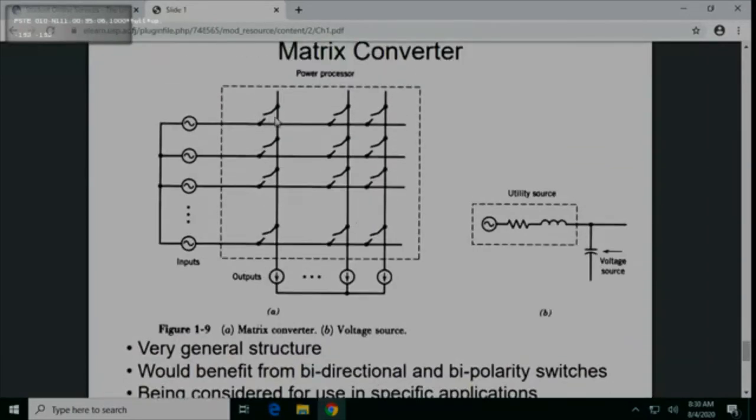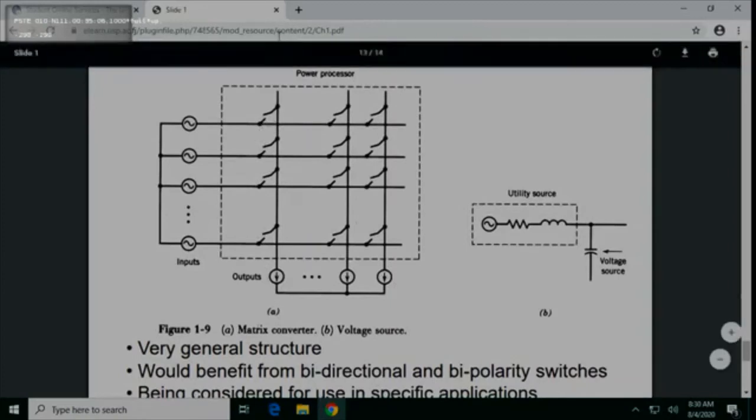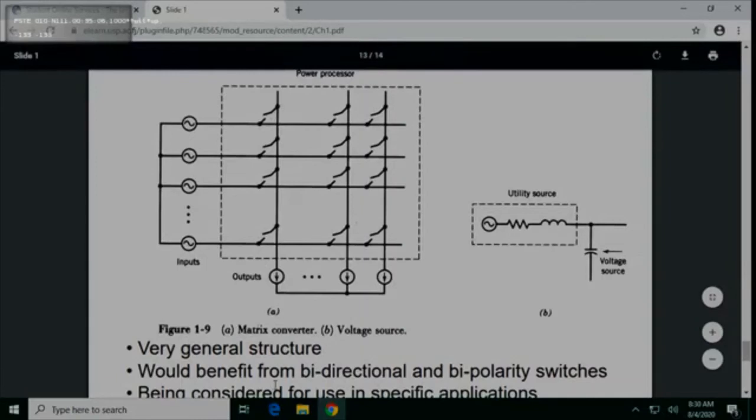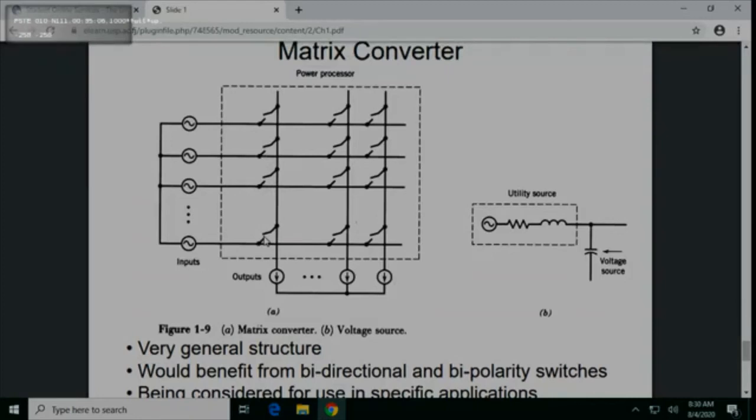Bidirectional polarity of these switches. So the current could flow in this way, also in this way. If this switch and this switch are on, there was always a short circuit, which blew up the matrix converter. So that is one of the reasons it is not used, but it's good to know.